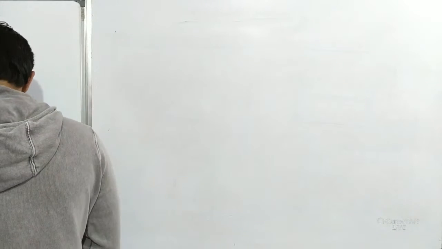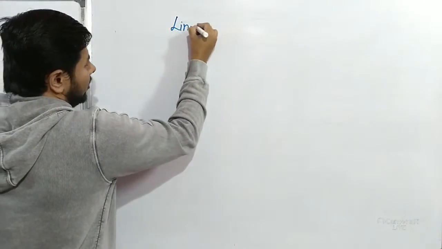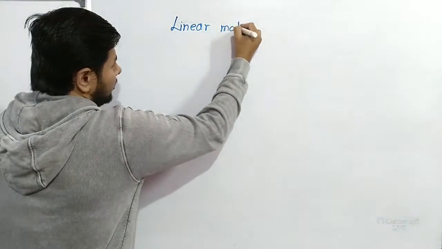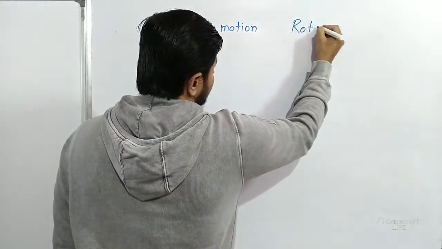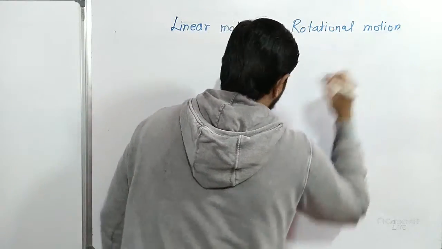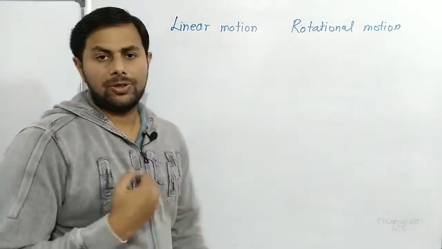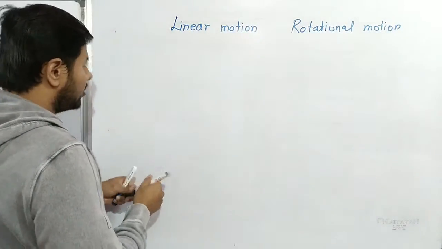So I will just put everything in place. Now I will write quantities in linear motion and the rotational analogs, the quantities in rotational motion. So this is the good thing in this chapter, we don't have to remember anything and we can write everything from analogy.